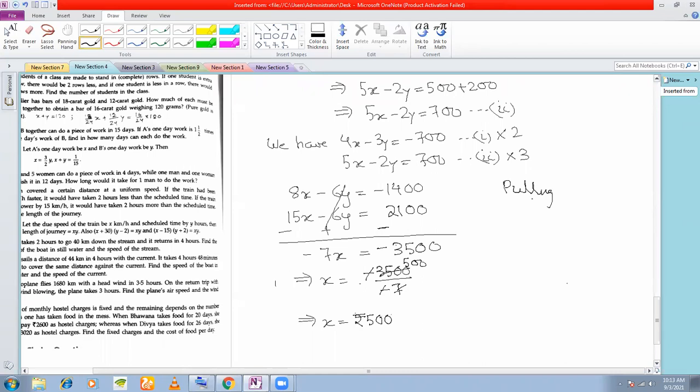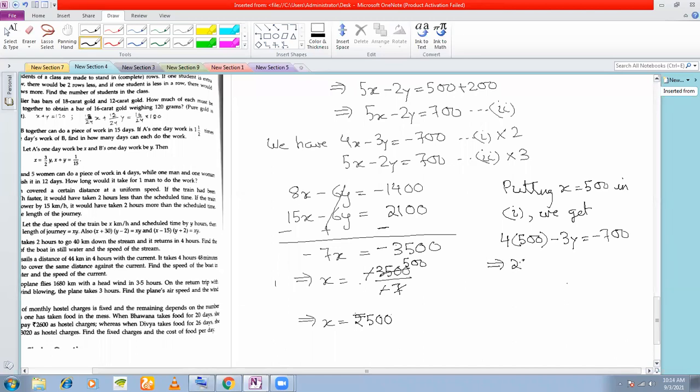Let's say I put it in equation number 1. For x, so x is 500, minus 3y is equal to minus 700.